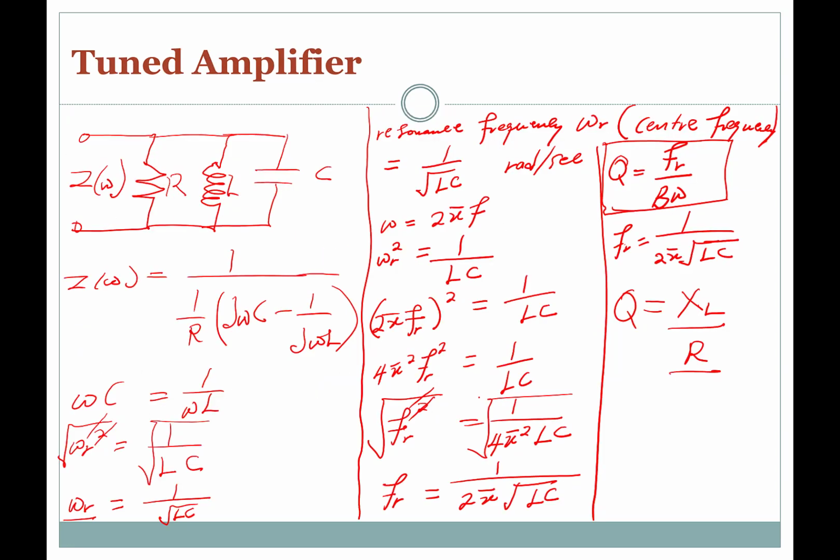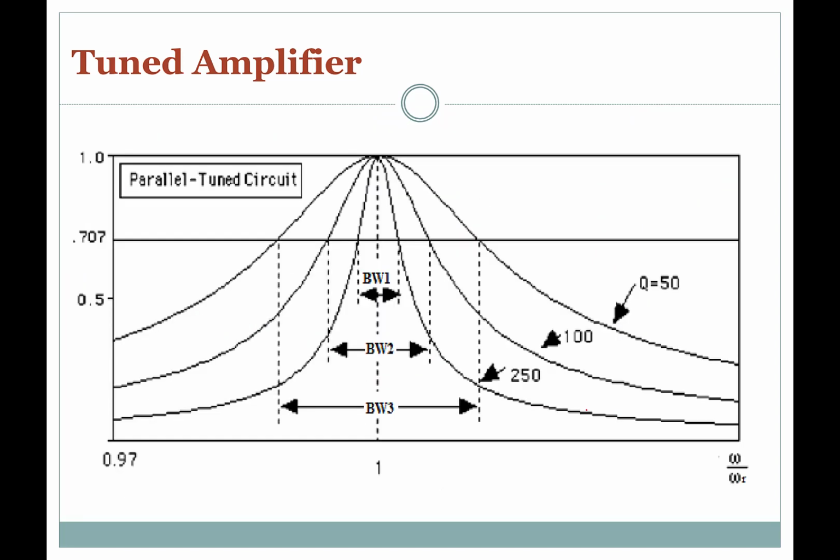Pay particular attention to these formulas. You might need them for some calculations as we move on. Here you realize that the bandwidth is very big, and our Q factor in this case is 50.